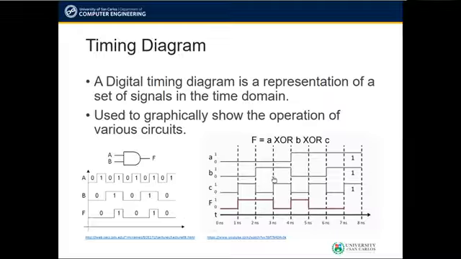Here we also have another example using a function F = A XOR B XOR C. A, B, and C are the inputs and F is the output.